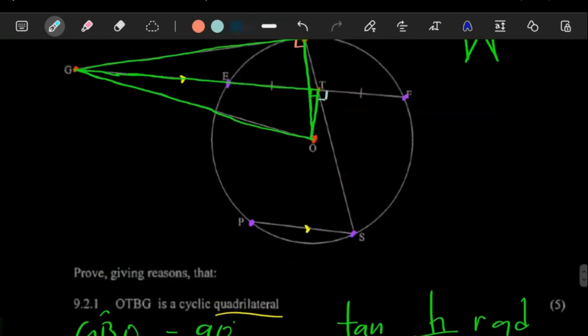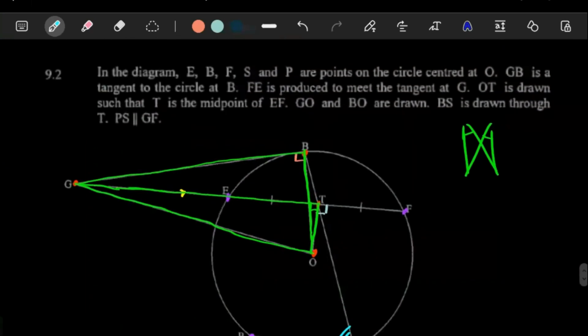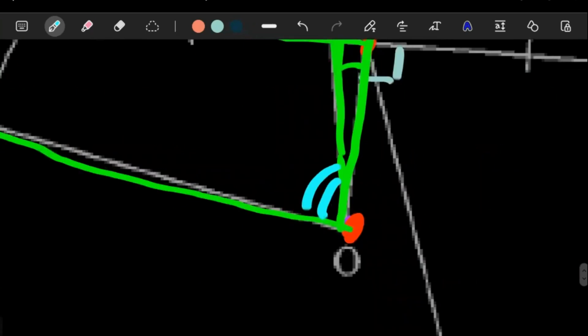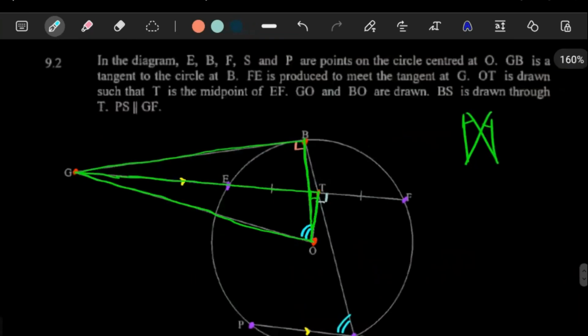Angle S is this one, and let's see here. GOB is this one. There we go.